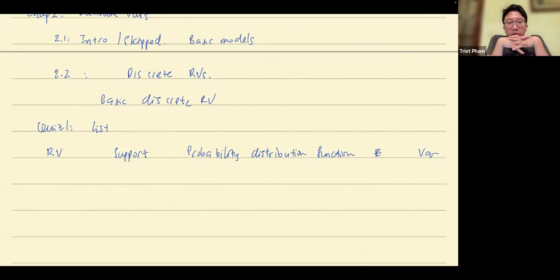What discrete random variable do you know? And what is the information about this random variable?